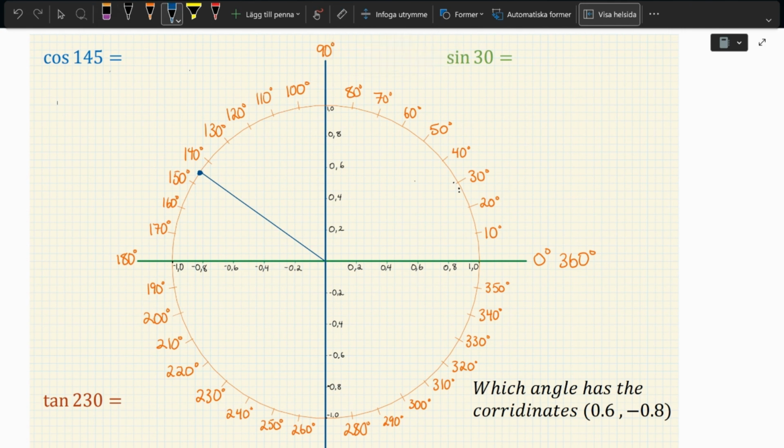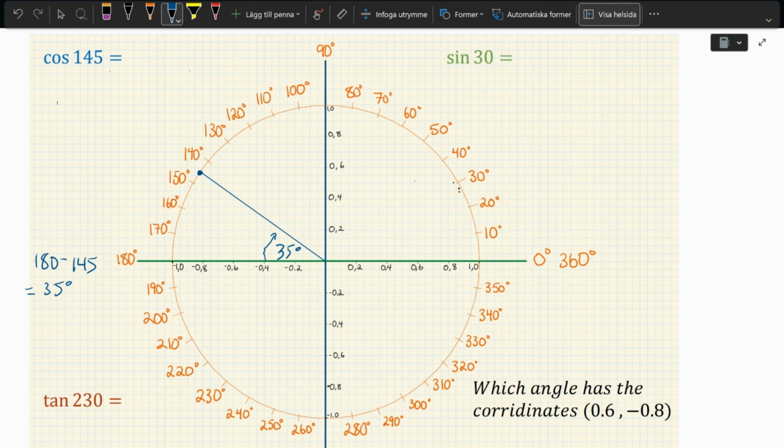To determine the value of this using the circle, we can determine how far we moved up away from the x-axis, and we can do that by taking 180 minus 145. We'll end up with 35 degrees. This is going to be 35 degrees.